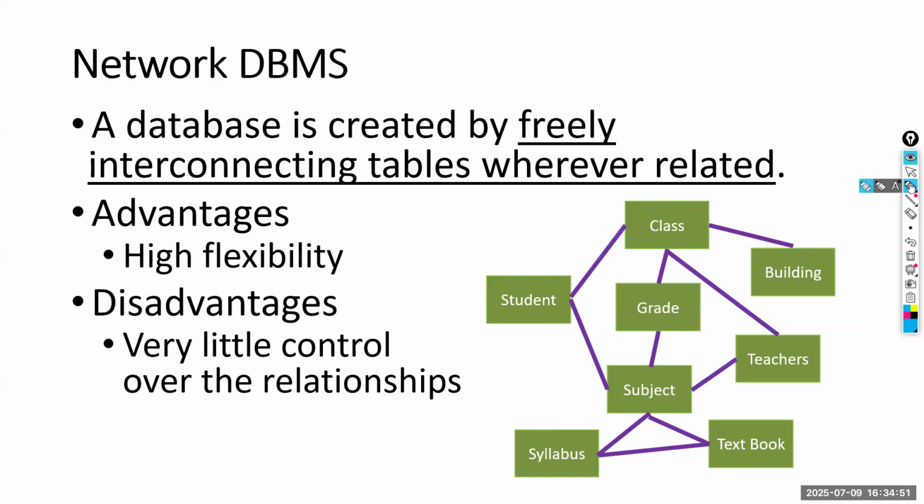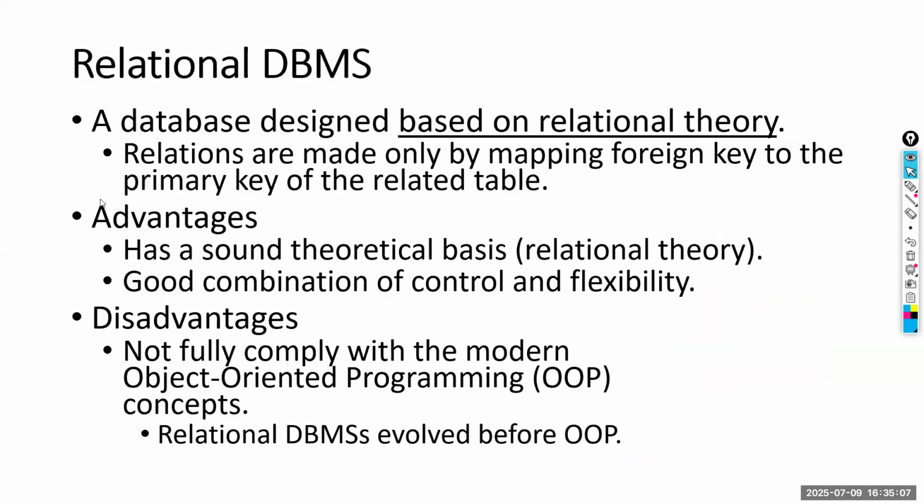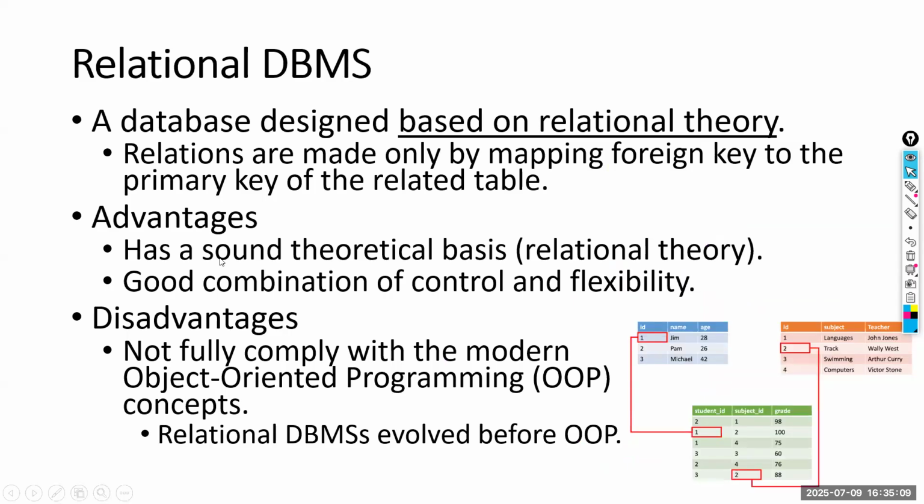So therefore, now we have settled somewhere in the middle, and we call it relational databases. Network databases also came somewhere around the early or latter 1980s. But now we have settled for something middle ground. We call it relational databases.